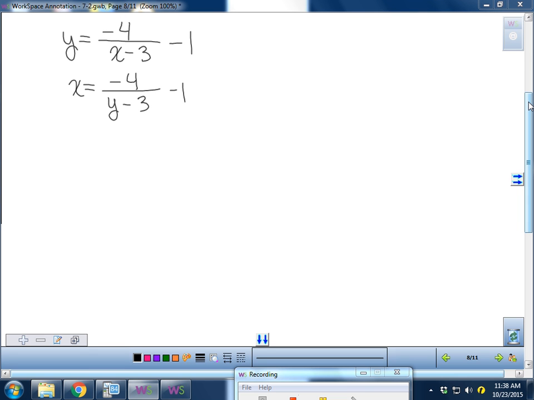So now your job is to solve for y. So y is involved in the denominator of this fraction right here. Okay? But we have this little number out to the side that needs to move first. So we're going to add that to the other side. So now we have x plus 1 equals negative 4 over y minus 3.